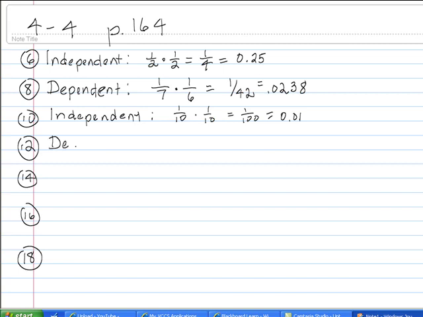So that means we're removing it, so we're doing the drawing without replacement. So we have 8 out of 100 times 7 out of 99. So 56 out of 9,900 would be 0.005656, so 0.0057.